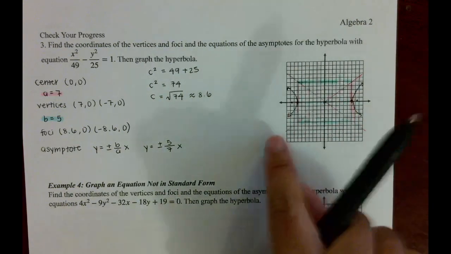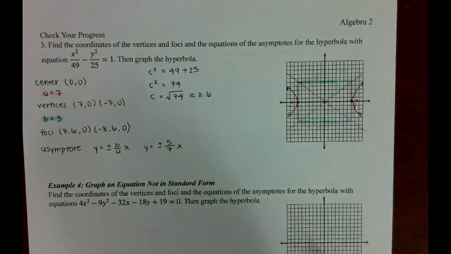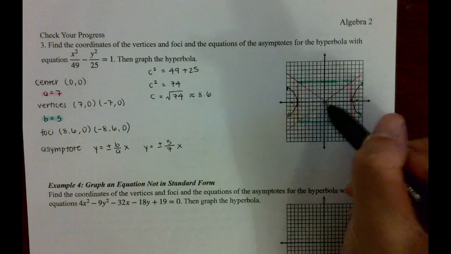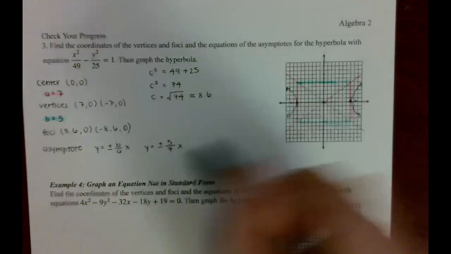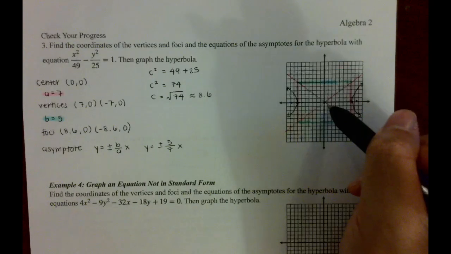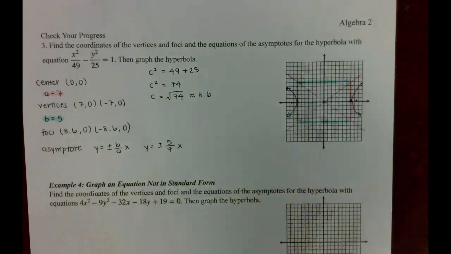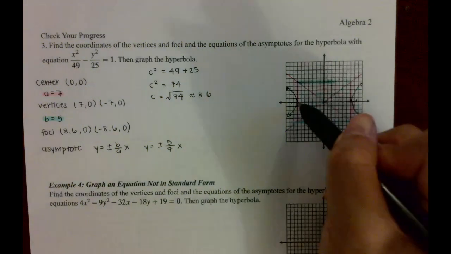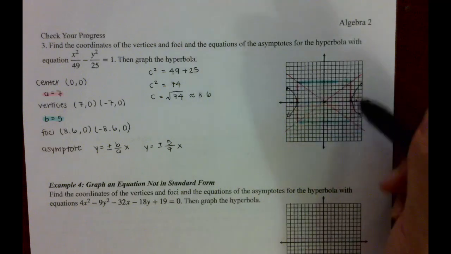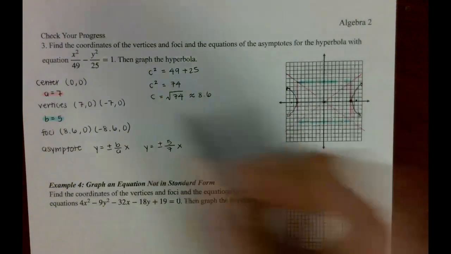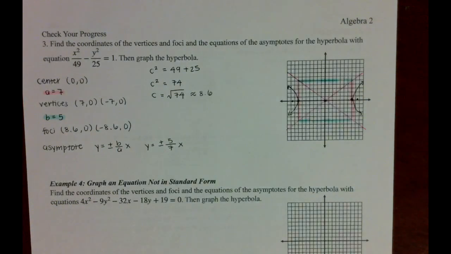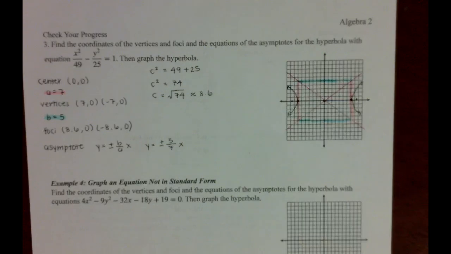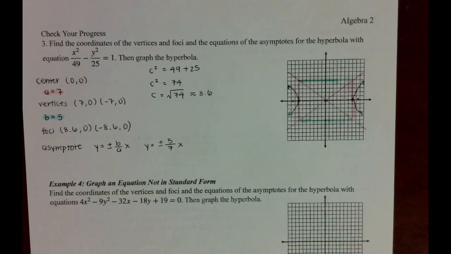Go across for my box. Okay. So then here the positive 5/7 is up 5, right 7, up 5, right 7. This one is down 5, right 7, down 5, right 7. That's this one. Okay. Vertices, connect to my asymptotes, go towards my asymptotes but don't touch them. And then here's my foci. There we go.